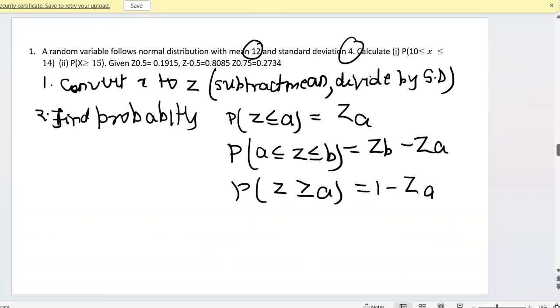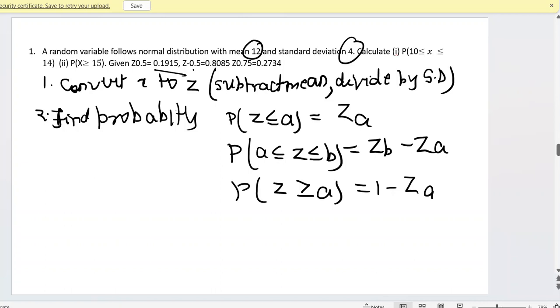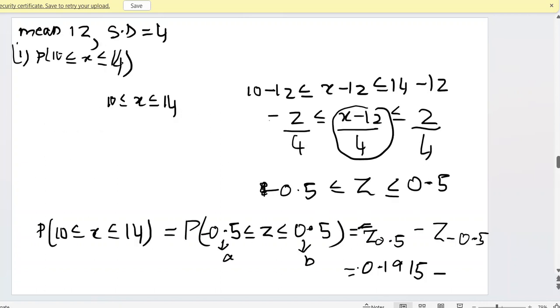Now in the question, z of 0.5 is given as 0.1915. Sorry, I think there is a slight mistake. This z of 0.5 is plus and this is minus. It depends on what is given in the question.